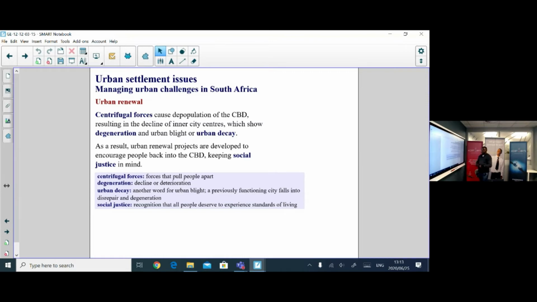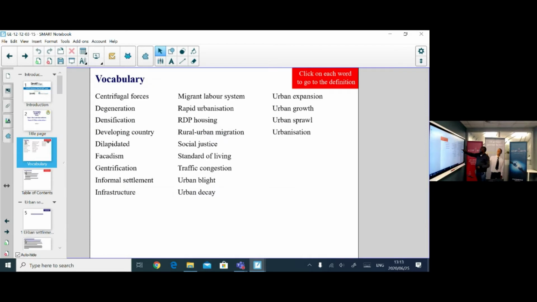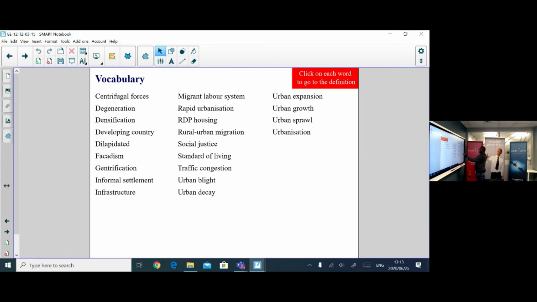Social justice, this is the recognition that all people deserve to expect high standards of living. Then we defined densification.